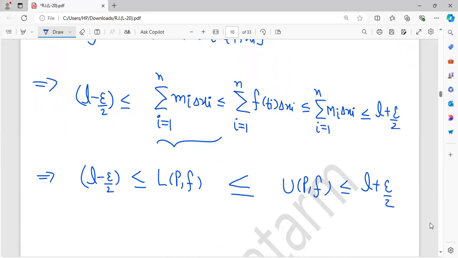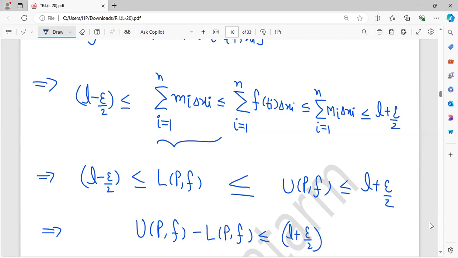So finally what we got? The difference U(P, f) minus L(P, f) will be less than the difference of L plus epsilon by 2 and L minus epsilon by 2.